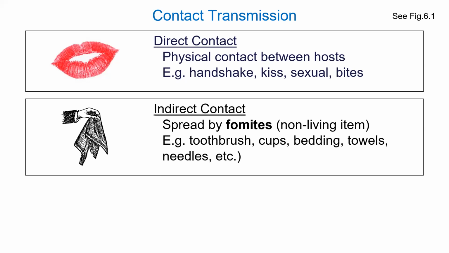Staphylococcus is spread this way in hospitals. Clostridium difficile as well. A lot of hospitals have protocols now for hand washing around these patients, and guests have to gown up, to try to prevent the spread across the hospital to new patients.